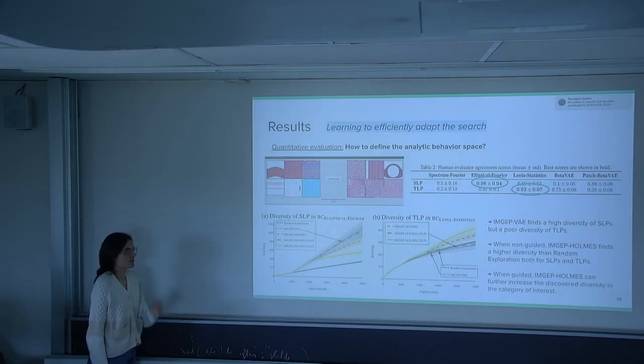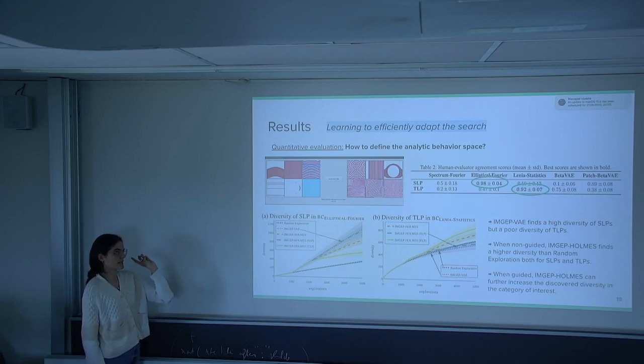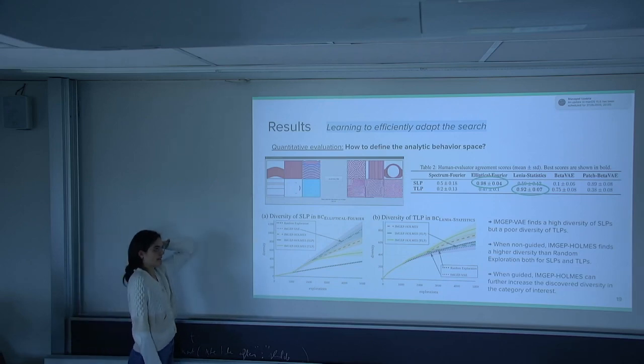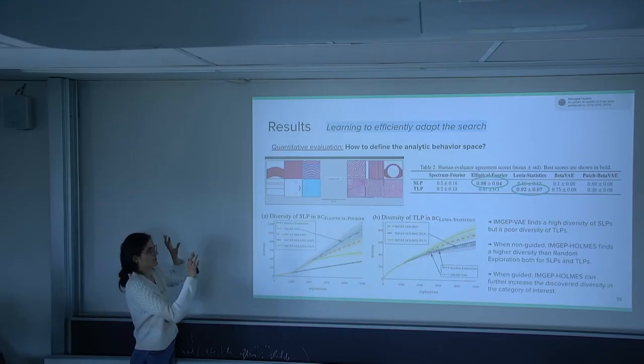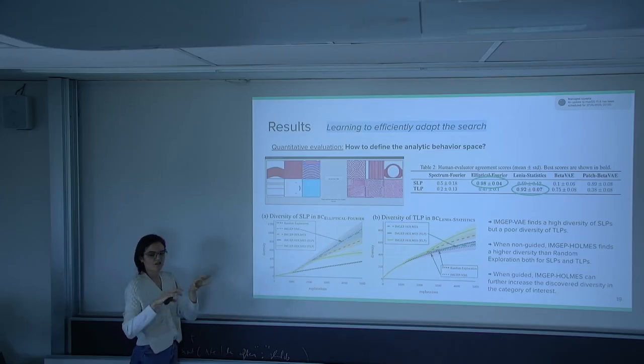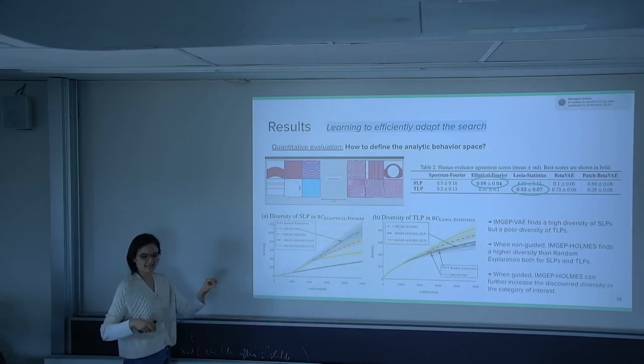So what we proposed was this kind of proxy metric based on human feedback, where we made this small user interface where we would show a human different sets of Lenia patterns that are projected into different spaces. And the set of patterns would be representative of the diversity from the point of view of the space, meaning that they would be distant in that space.